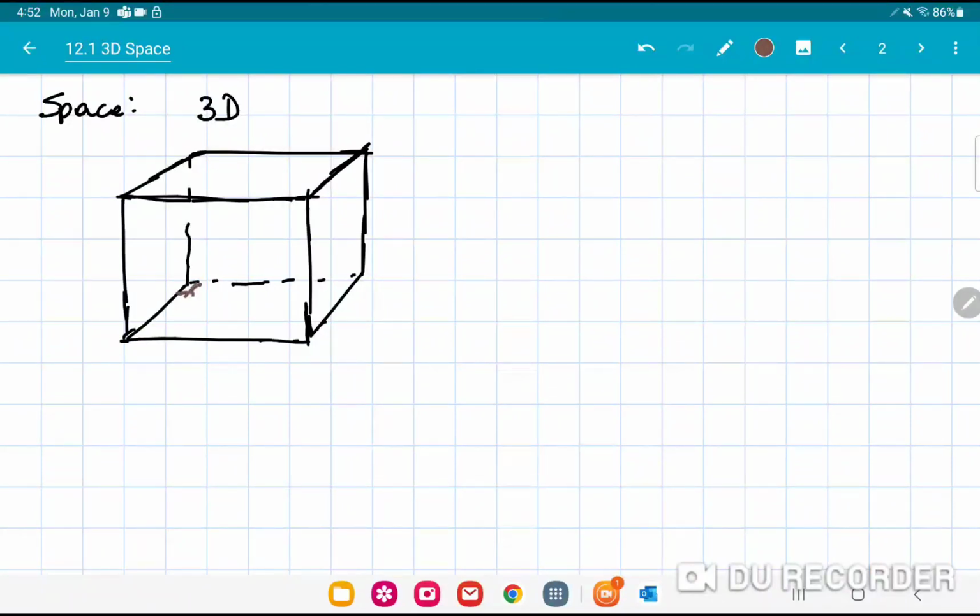Also, we can see that this vertical line here is perpendicular to that plane, the bottom plane. In other words, if you pick any line passing through this point on the plane, it's perpendicular to it. Particularly, it's perpendicular to this edge, and it's also perpendicular to this edge.